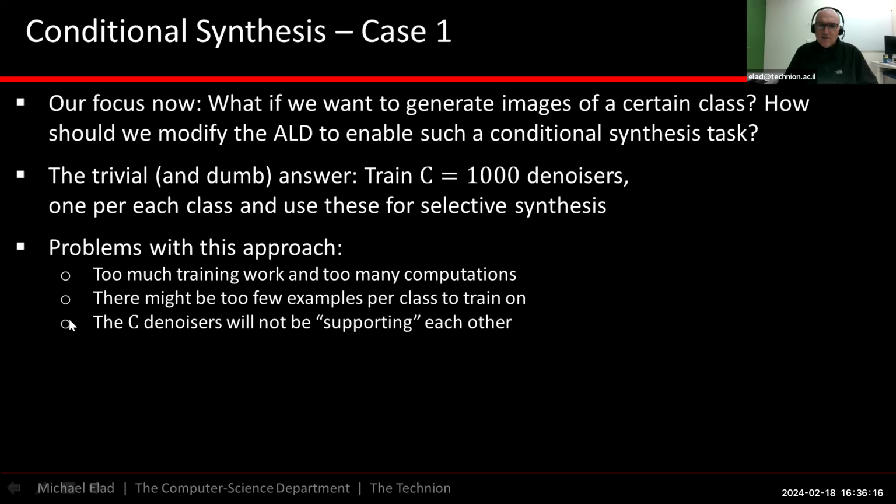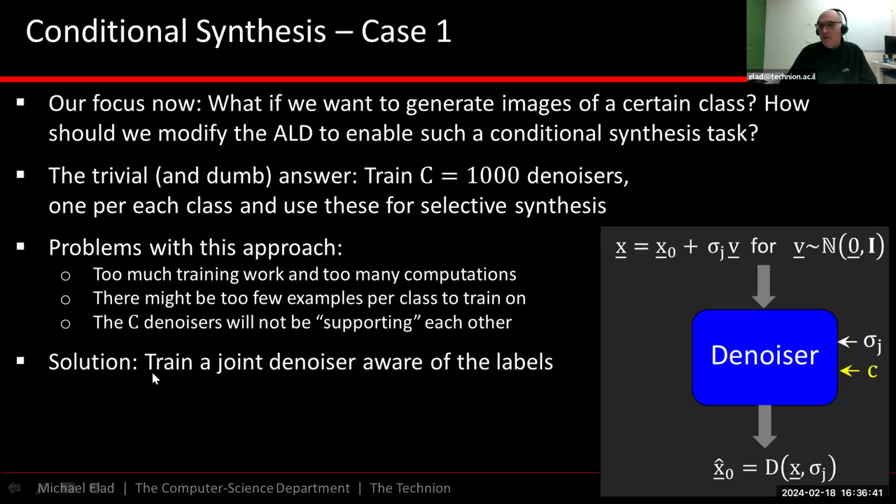And this connects lovely to the next point, which is those denoisers are not totally detached. When you clean up images of one class, you have a lot that you have learned that can serve you in denoising the other classes. So can we basically merge forces and do something smart so that the denoisers are basically talking with each other? The answer is yes. Here is an alternative, one that actually works.